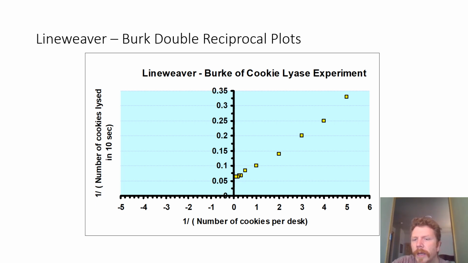So this gives you a linear representation of all your data. And you can figure out the equation for a line, y equals mx plus b. Ultimately, you will have this line that extrapolates out through your y-axis and through your x-axis.